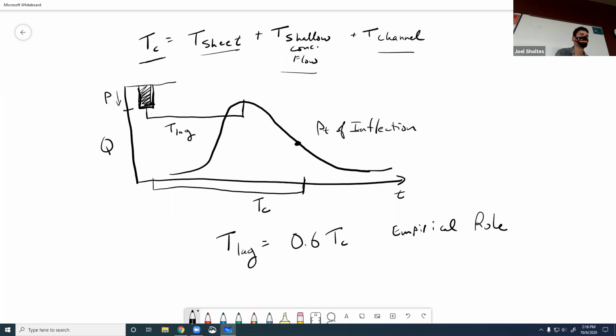The idea is we're not going to know the lag time ahead of time, but we can calculate the time of concentration based on that hydraulically distant point and relate it back to the lag time, this time to peak right here, via this relationship. So that's where we're headed with this.